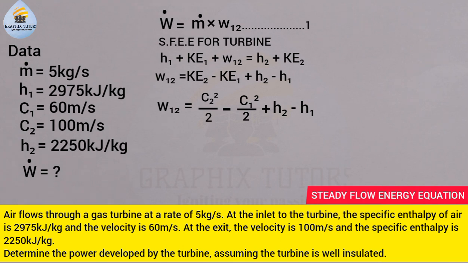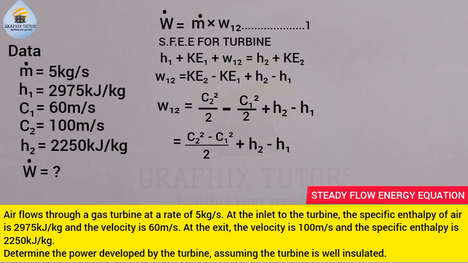So this will give me C2 squared minus C1 squared all over 2 plus H2 minus H1. Now, if you're wondering how I got all these things, you can click on the link at the top right corner for more explanation on how I came about the steady flow energy equation.